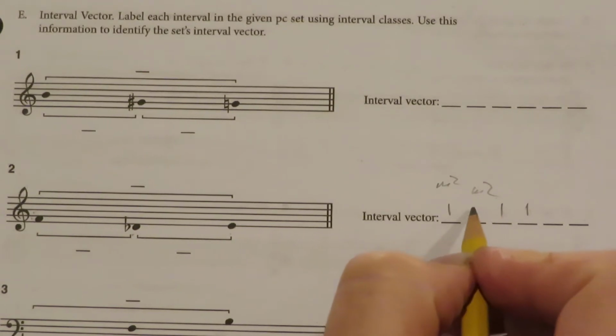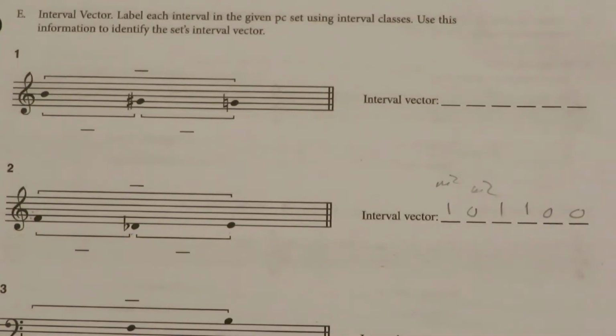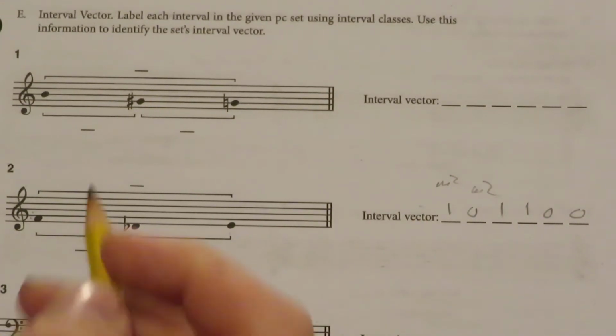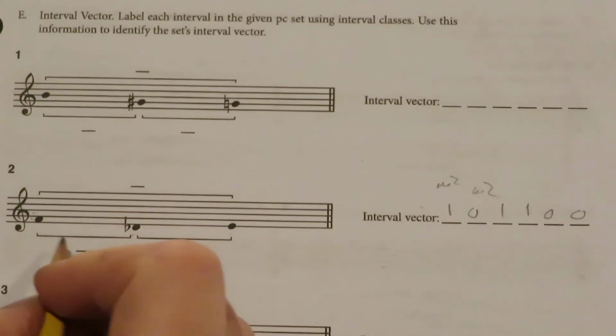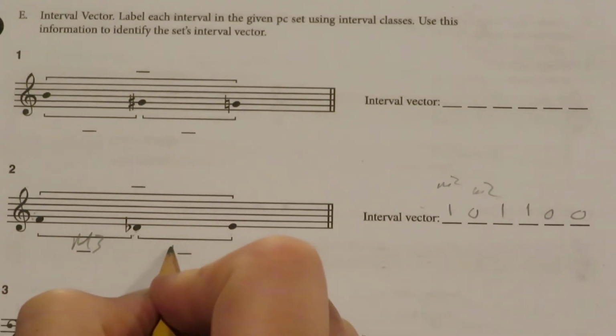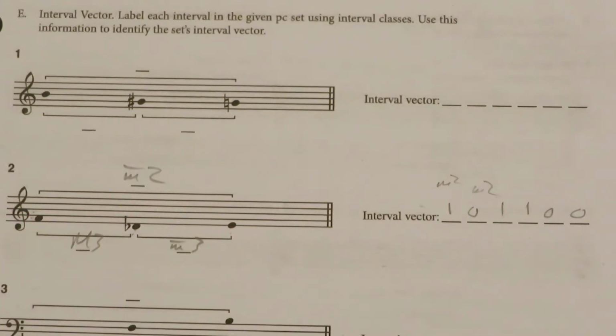A minor third, enharmonically speaking. D flat to E. So 1 0 1 1 0 0. There we go. Or you could do this, whatever you want. D to F is a major third, a minor third, a minor second. You could do that too.